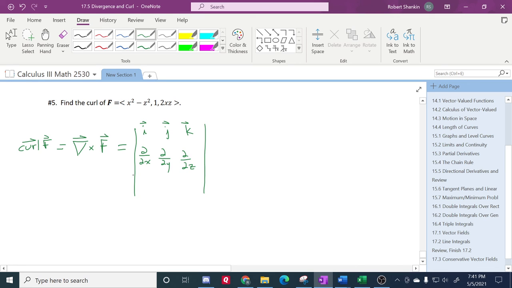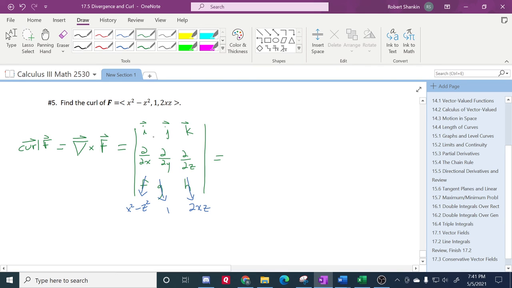You put this one here. Now, the only thing we have to do is replace f with x squared minus z squared, replace g with 1, and replace h with 2xz.